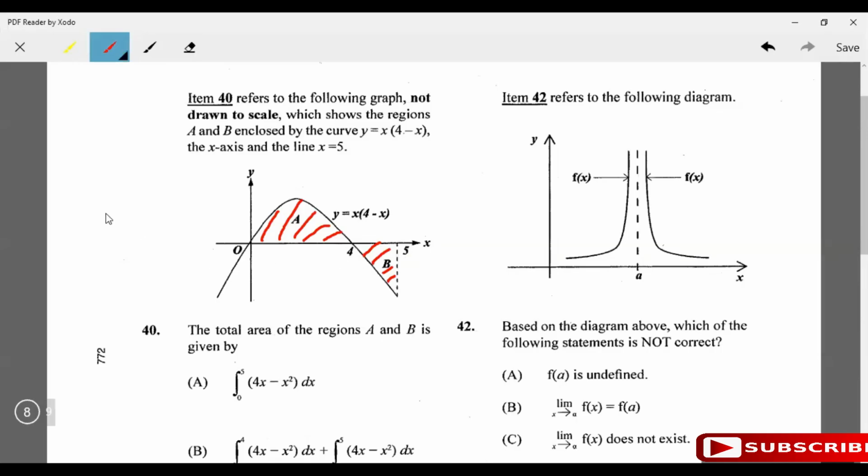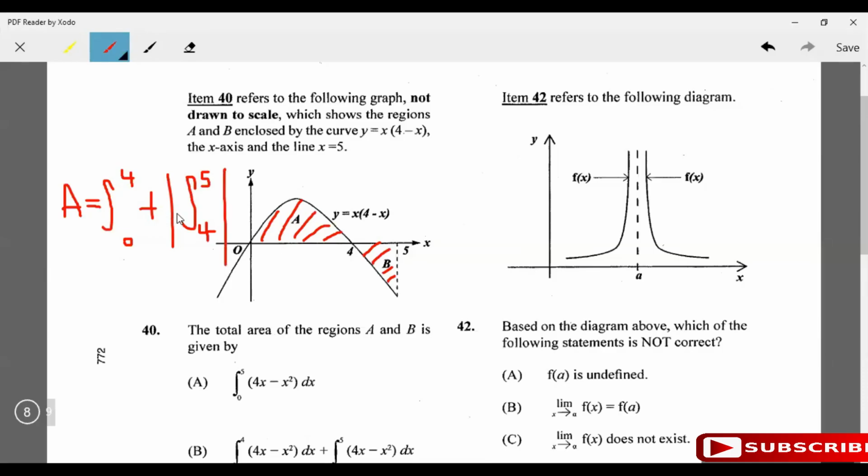So the total area, I'm going to call it A, is equal to the integral from 0 to 4 of the function plus the modulus of the integral from 4 to 5. Easy, soft, right?